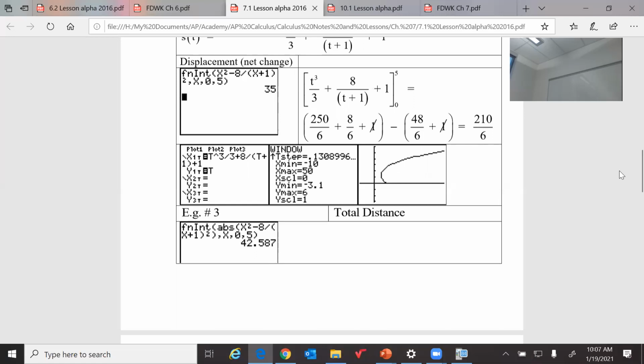So if we take an example 3, the absolute value of this thing, instead of this part to the left working against the part from the right, you add them all up. Does that make sense? The particle ended up 35 units to the right of where it began. But it started to go left first, so it traveled more than 35 units.